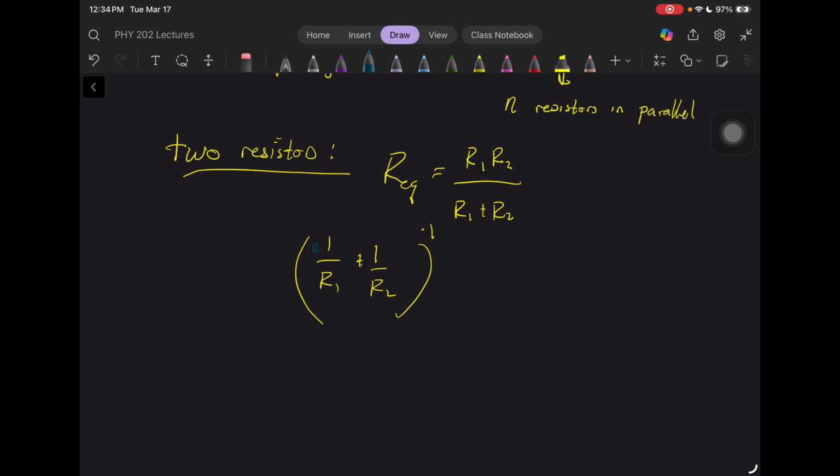So we'll multiply this by R2 over R2, and this one by R1 over R1, and we get R2 over R1 R2 plus R1 over R1 R2, to the -1, which gives us R1 plus R2 over R1 R2, to the -1, which gives us that. Cool.